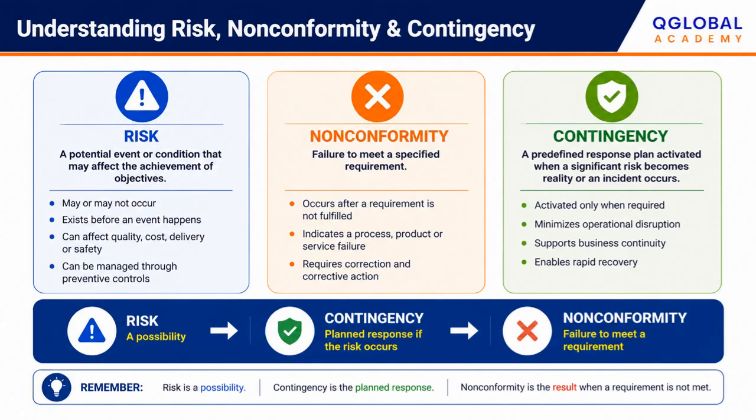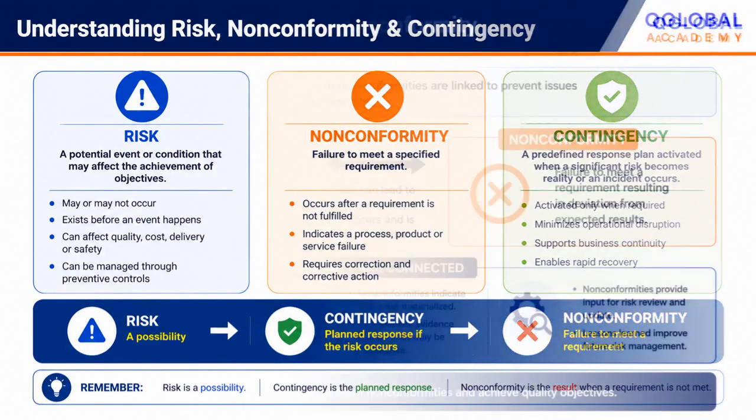Its purpose is to minimize disruption, support business continuity, and help the organization recover quickly. Remember this simple relationship. Risk is the possibility. Contingency is the planned response if the risk occurs. Nonconformity is the result when requirements are not fulfilled. Understanding these differences forms the foundation for effective risk management.